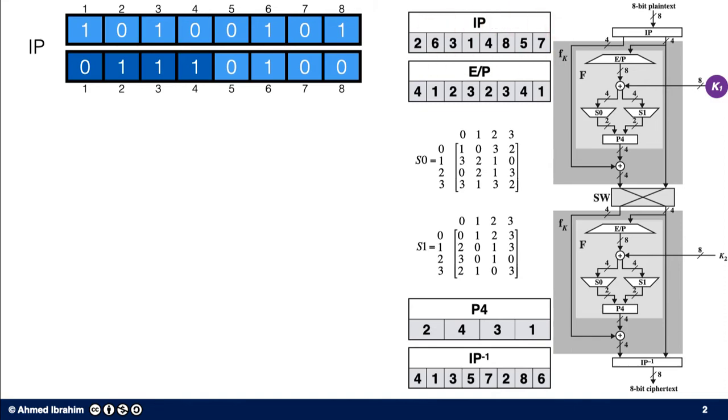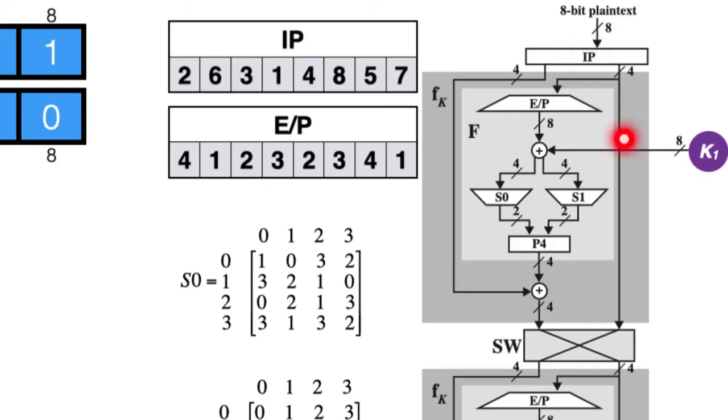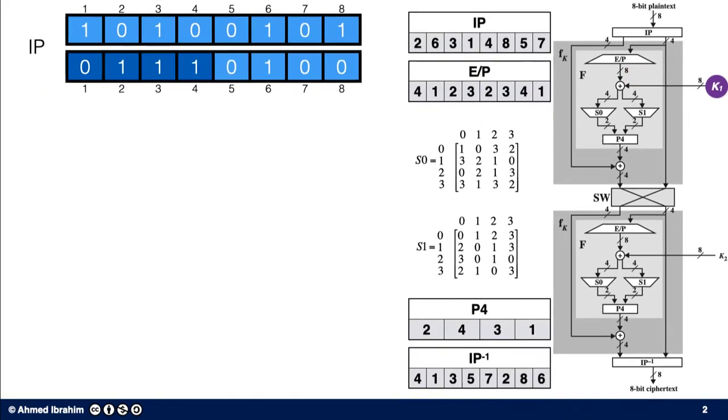If we look here closely, we will see that we use these 4 bits to do something called expansion or expanded permutation. The expanded permutation takes 4 bits as an input and outputs 8 bits.